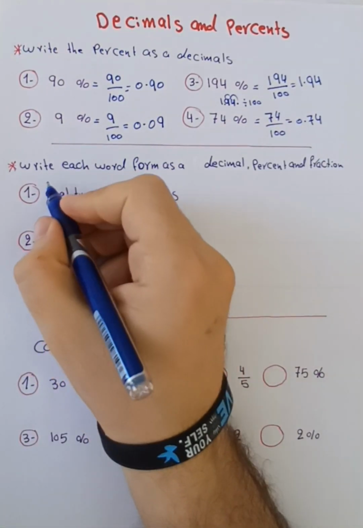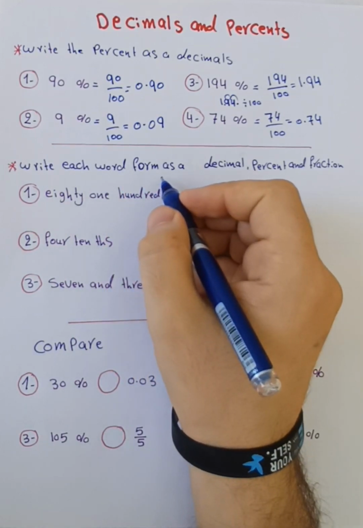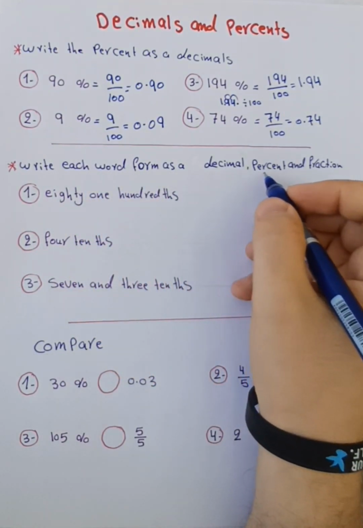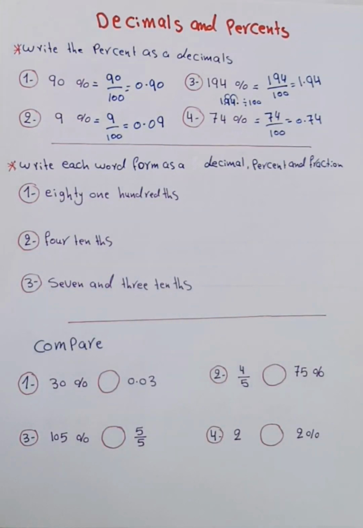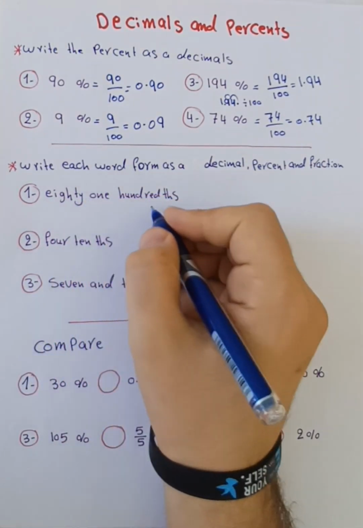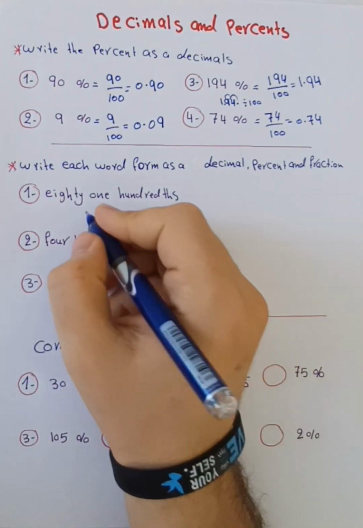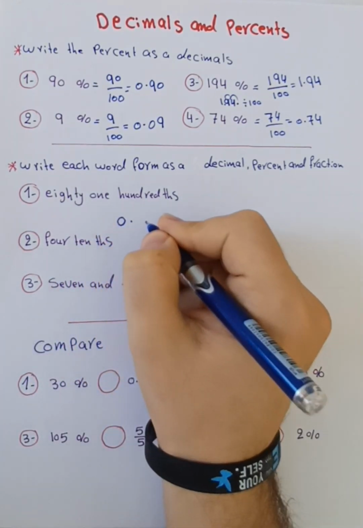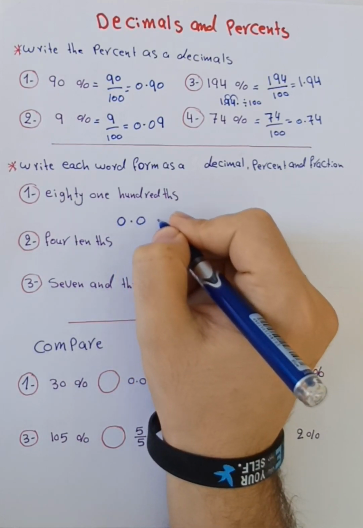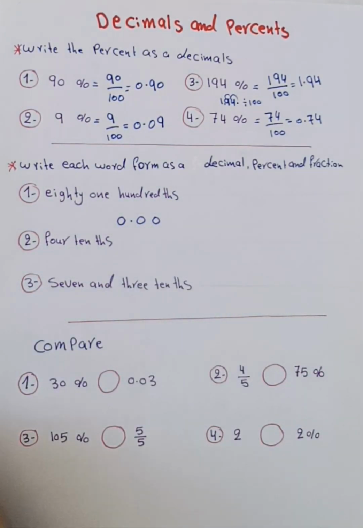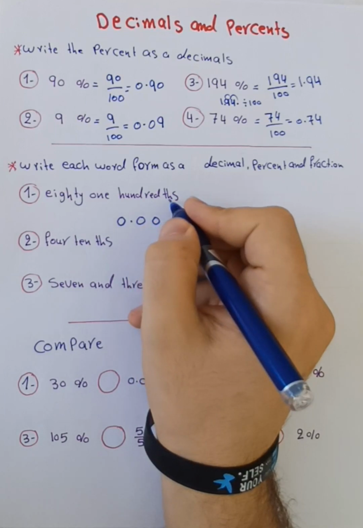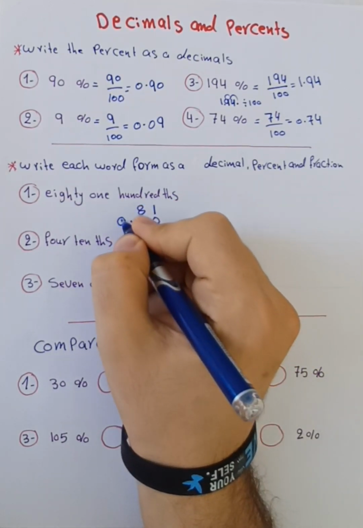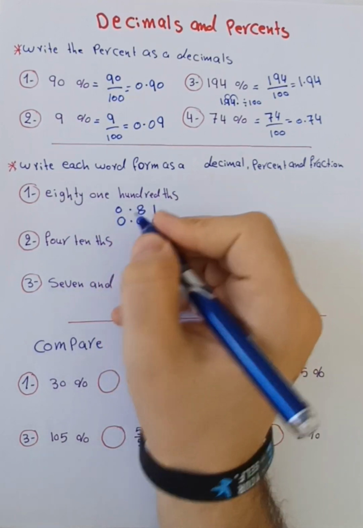And then write each word form as a decimal, percent and fraction. We have 81 hundredths, so this is 81, and this one should be 0 and point.